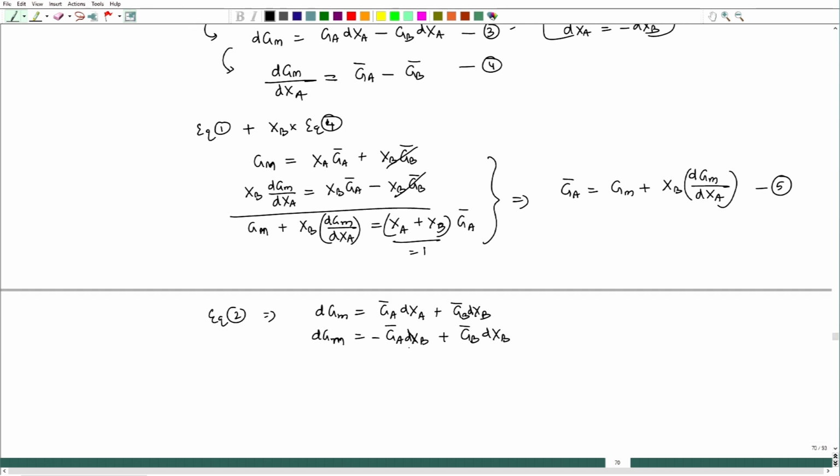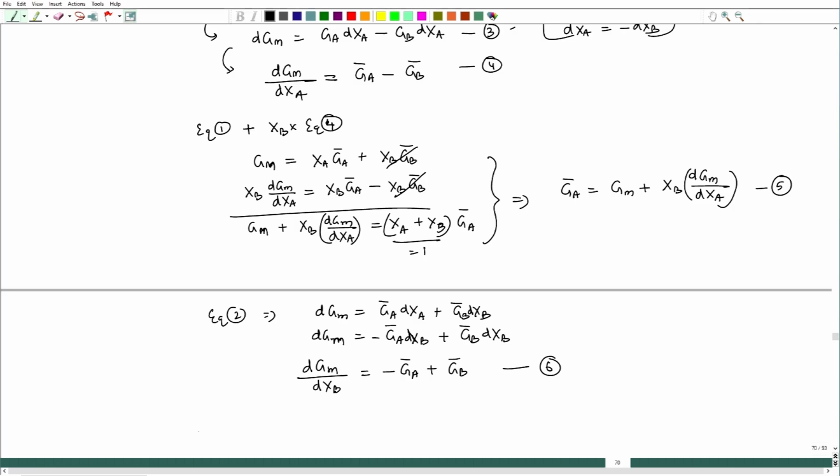So, here I have replaced dXA with minus dXB. So, then again I can treat this way. Okay. So, let us say this is equation 6.